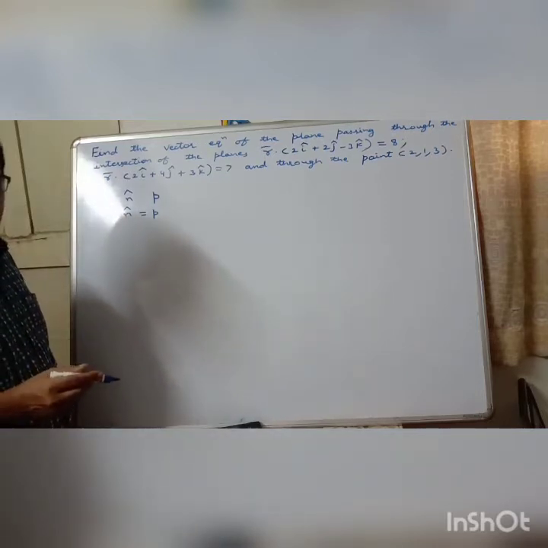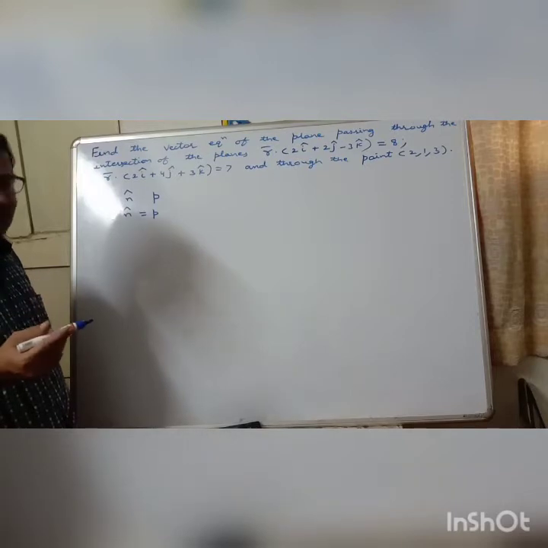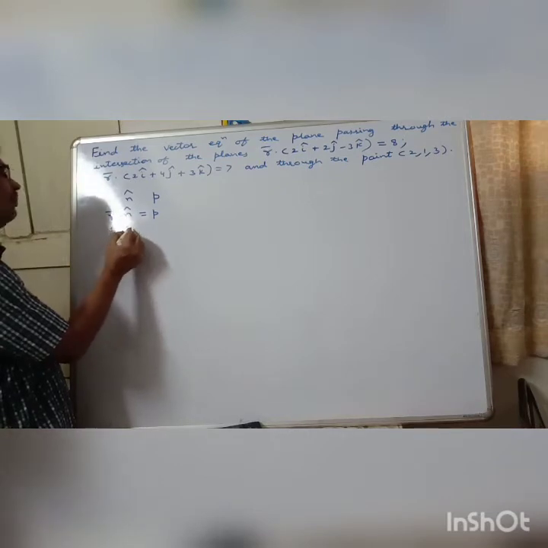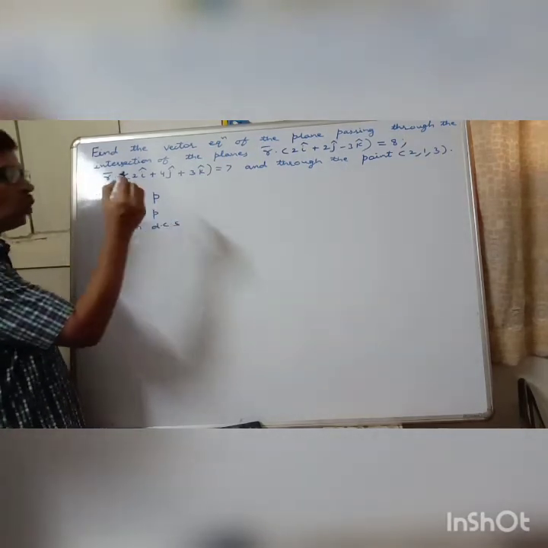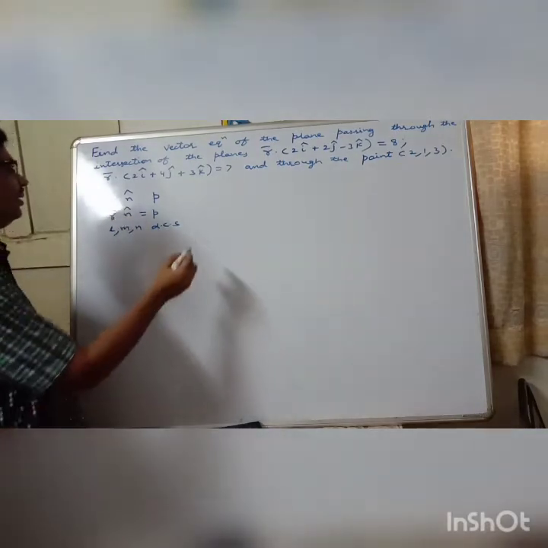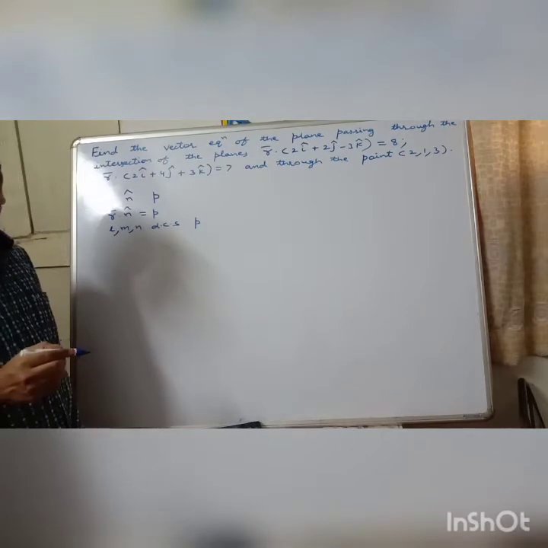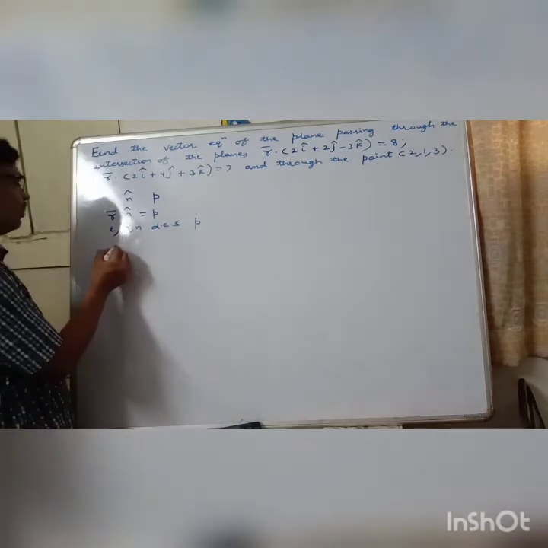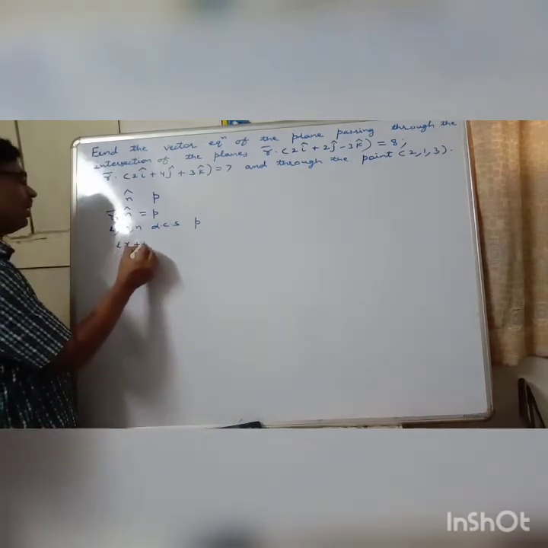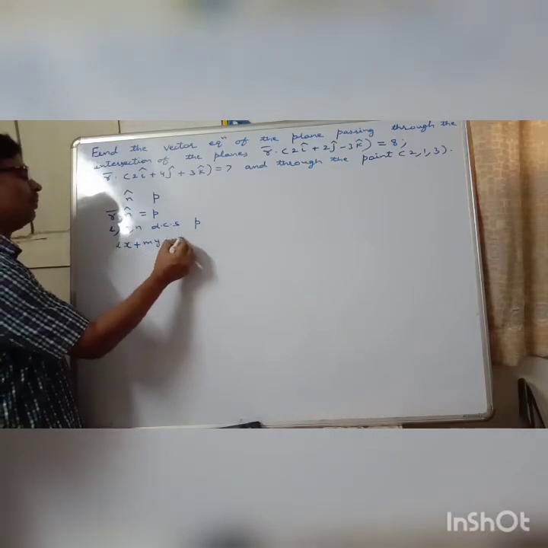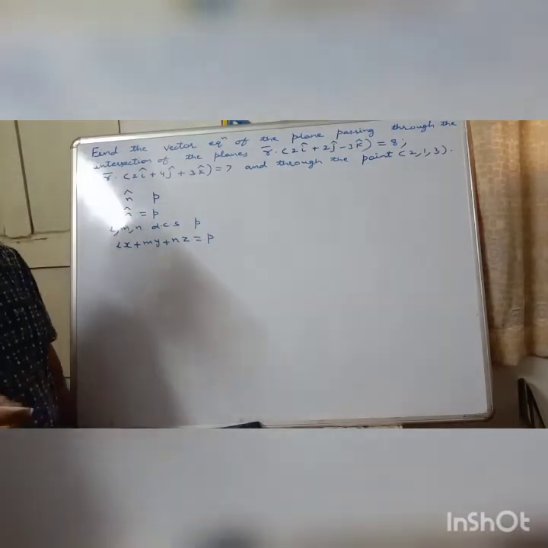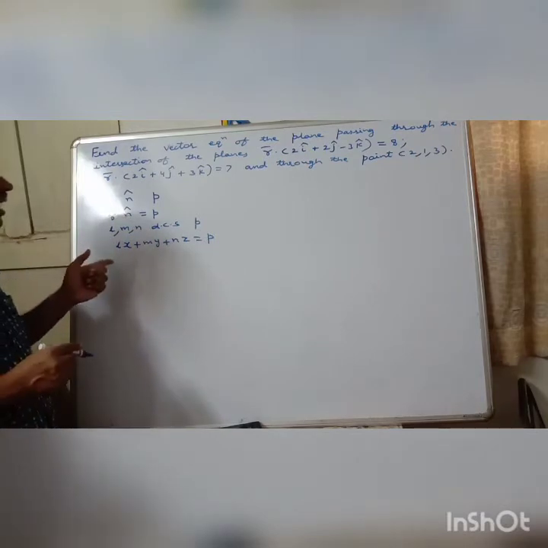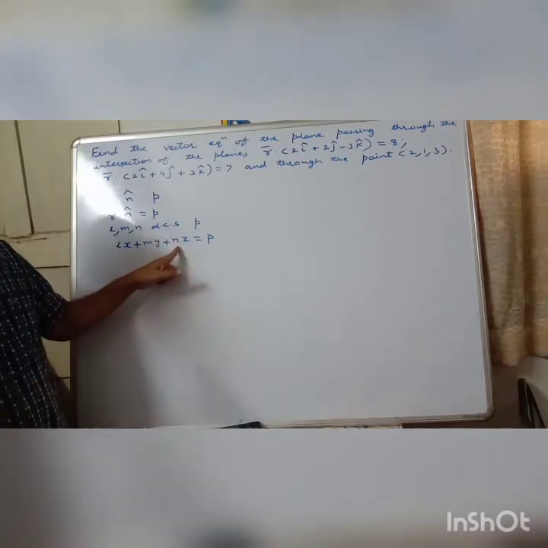If we know direction cosines of normal to the plane, suppose L, M, N, they are direction cosines of normal to the plane, and P, perpendicular distance of plane from origin, then equation of plane in Cartesian form Lx plus My plus Nz equal to P. So here coefficients of x, y, z, they are direction cosines of normal to the plane.